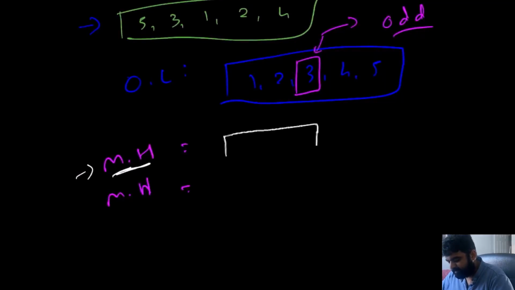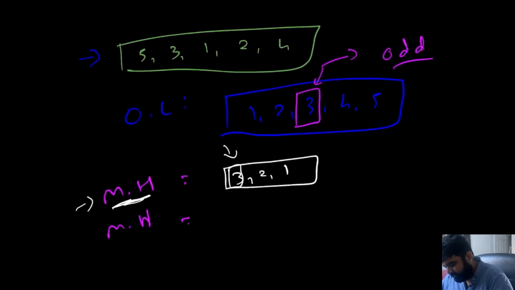So max heap is going to look something like this: 3, 2 and 1. Actually it's going to be 1, 2, 3, but I'm giving you a more general idea so that visually the very first element is the element that we are looking for. If we see it with the original list, we are taking care of these first 3 values.